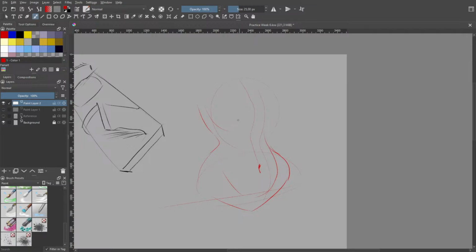Wait, so where would be the boobs here? Somewhere like here, maybe? No. Would it be here?